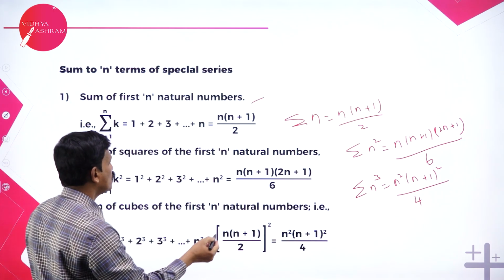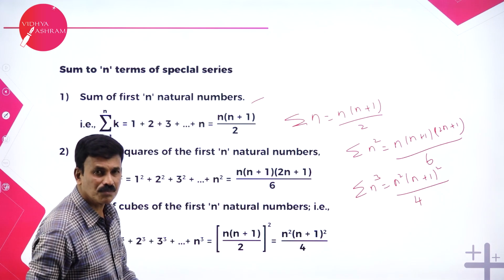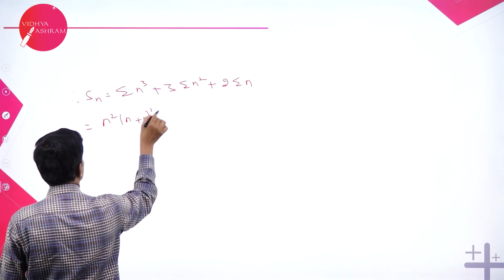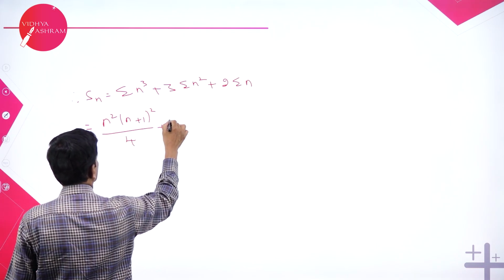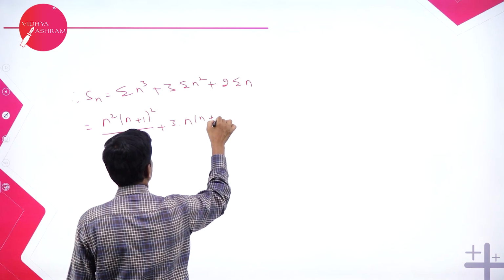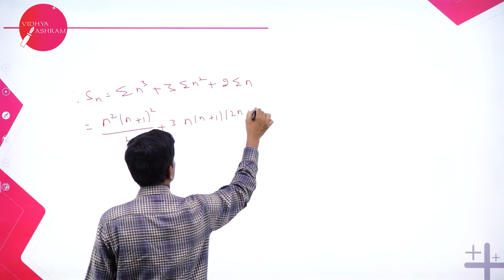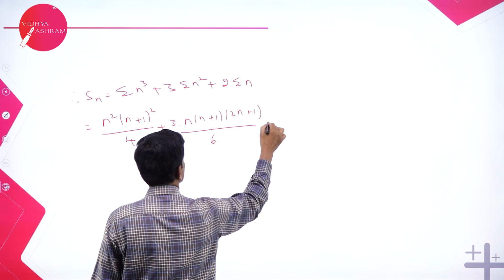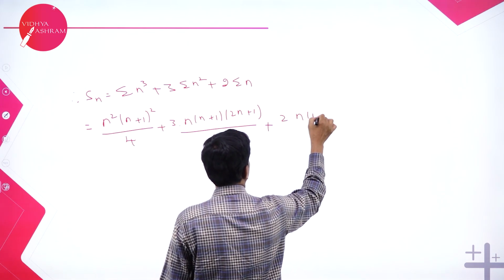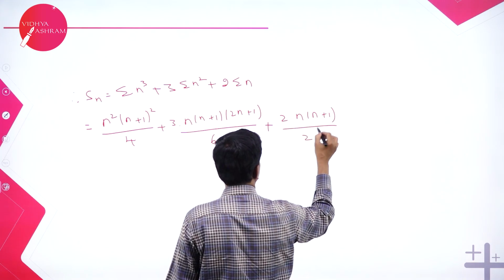Now, substitute sigma n cube is equal to n square into n plus 1 whole square divided by 4, plus 3 into sigma n square, which is n into n plus 1 into 2n plus 1 divided by 6, plus 2 times sigma n, which is n into n plus 1 divided by 2.